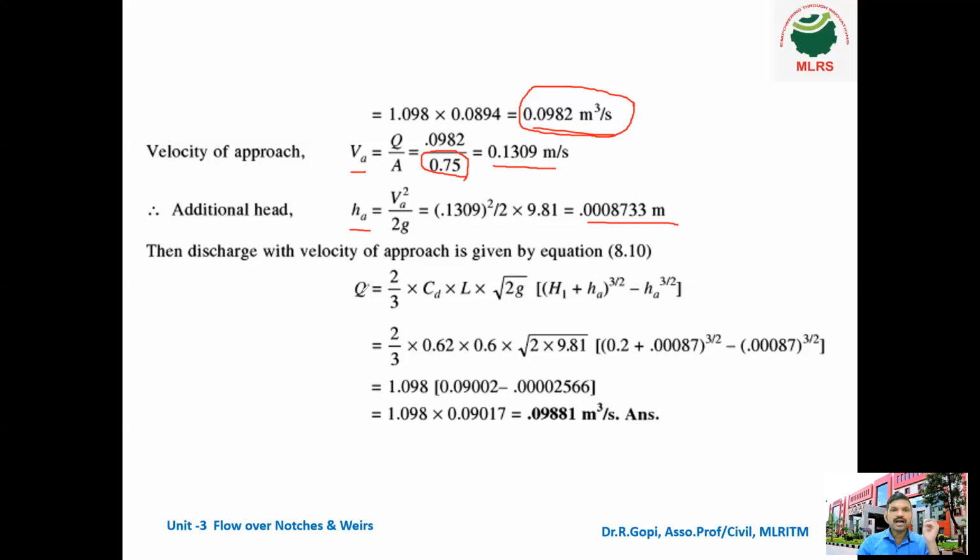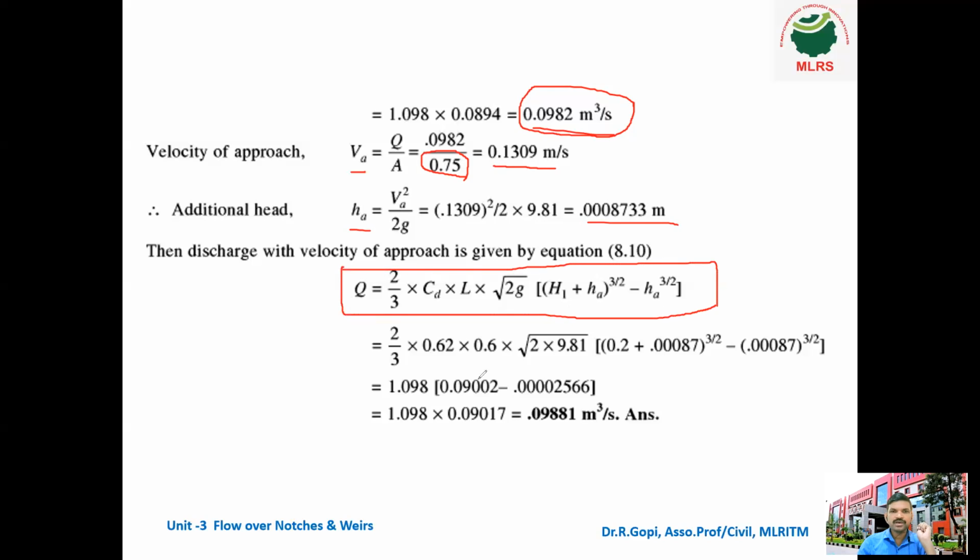Now we have to repeat the discharge formula by incorporating the velocity of approach. Q is equal to 2 by 3 CD L root 2g, times H1 plus HA power 3 by 2 minus HA power 3 by 2.